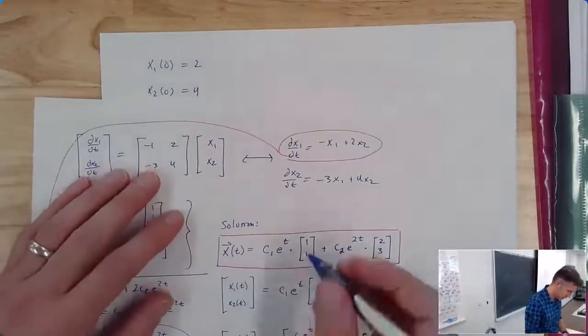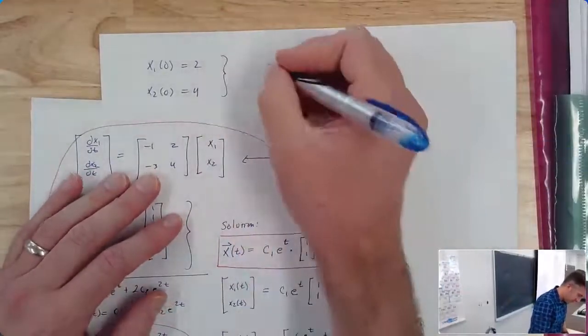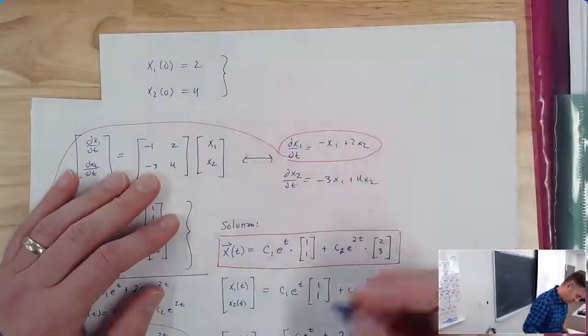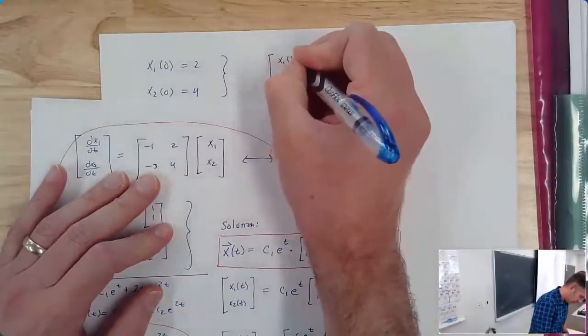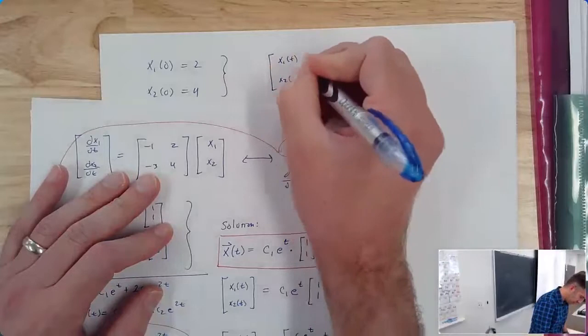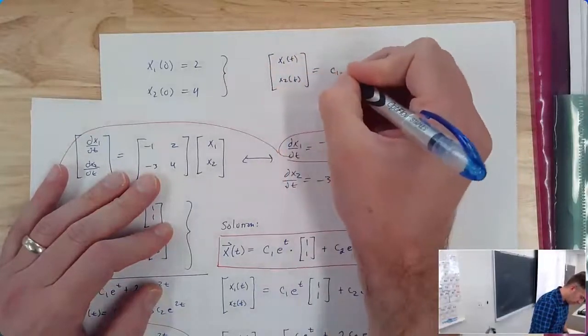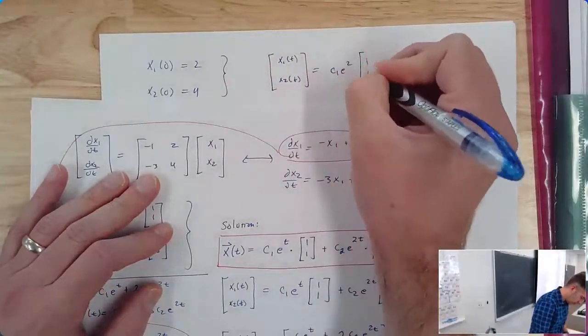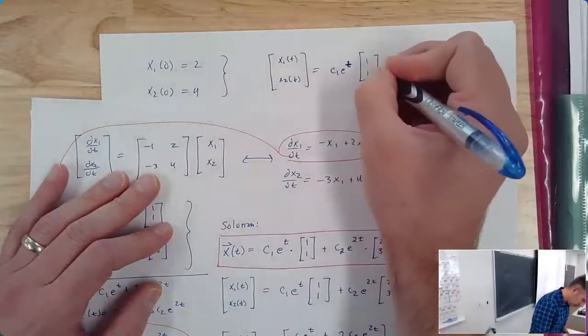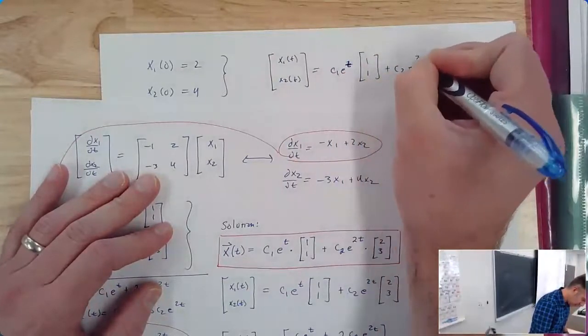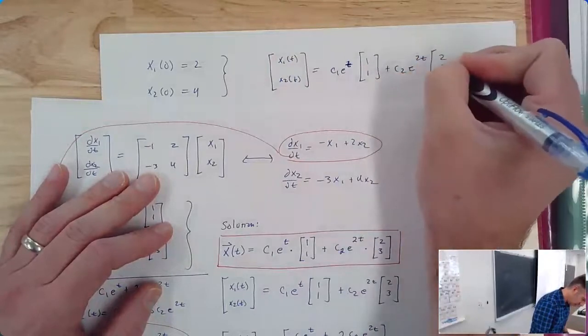Let's write that down. So we have x1 of t, x2 of t equals c1 e^t times the vector 1, 1. Sorry, e to the t, that's the t, not the 2. Plus c2 e^(2t) times the vector 2, 3.